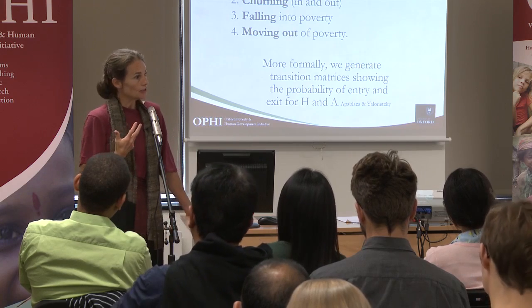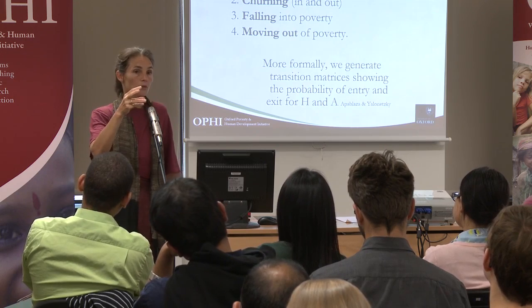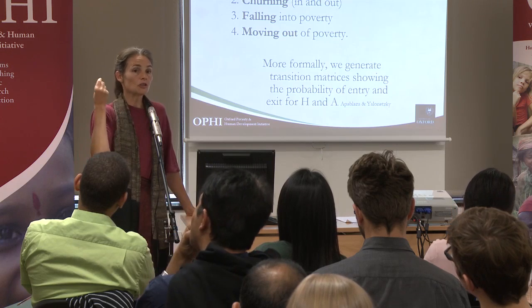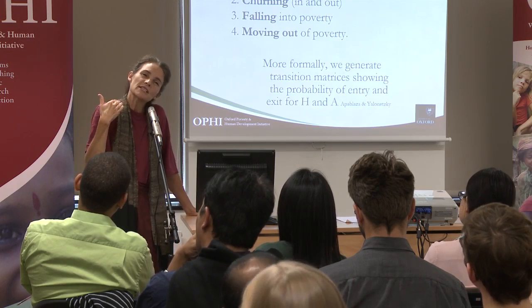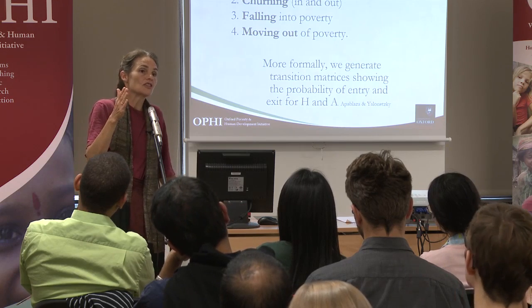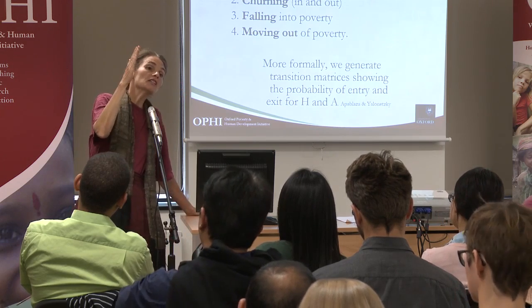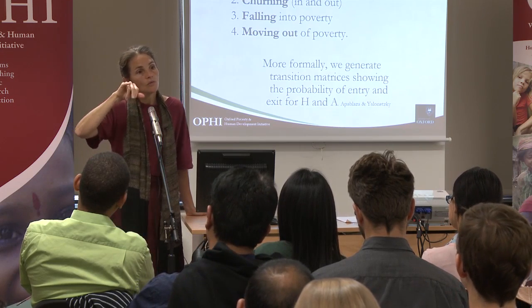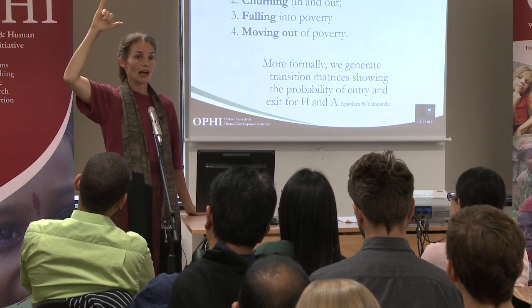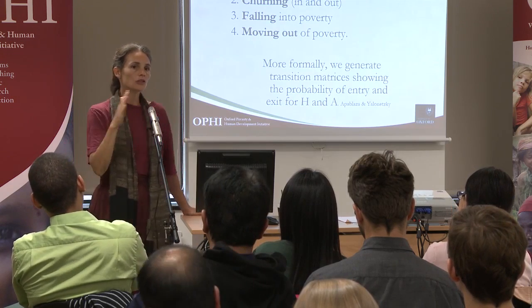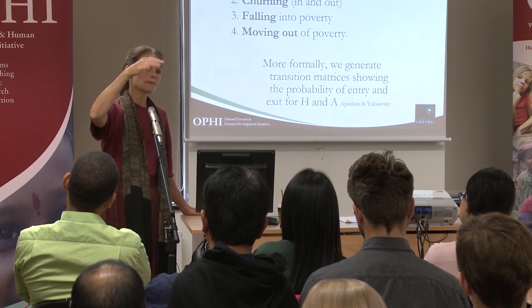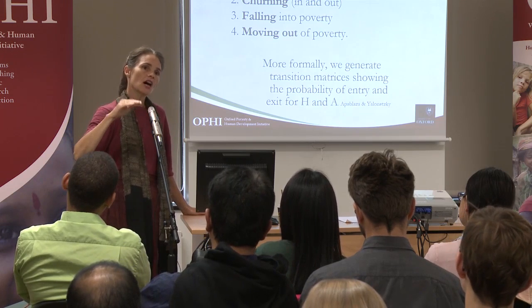Now, we might be interested not in creating a measure that, as you observed, collapses these people into each other if the churning, the moving out and the falling in are all deprived in the same number of episodes, but actually tries to capture what's different about their multidimensional poverty, and also looks at their deprivations in the period just before they moved into poverty, if they were non-poor, or which deprivation was it that bounced them out of poverty if they moved out of poverty, and which deprivations do they carry with them. So now we are going beyond looking at the poverty state to looking at the composition of deprivations of the non-poor and the change in composition of the poor who become non-poor.